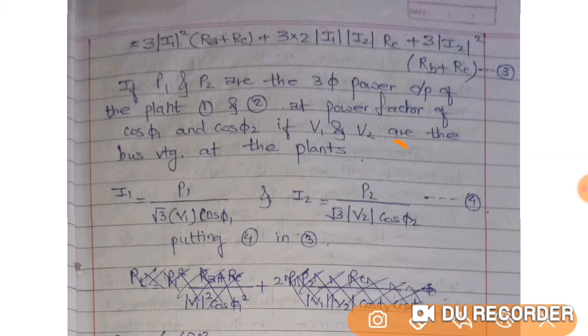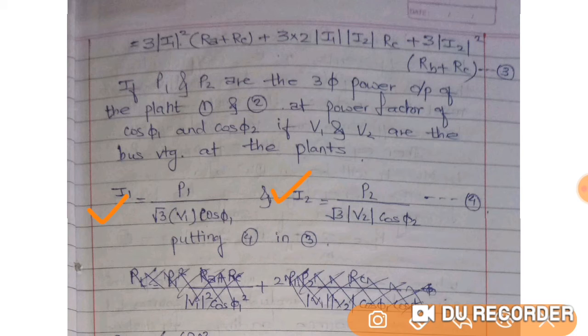Just to add a suffix to them: for I1 it will become P1 upon √3 V1 cos φ1. Similarly do it for I2. So I2 will be equal to P2 upon √3, which remains the same, V2 into cos φ2. So this is how we get the two values of I1 and I2.